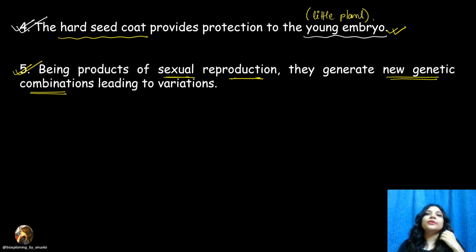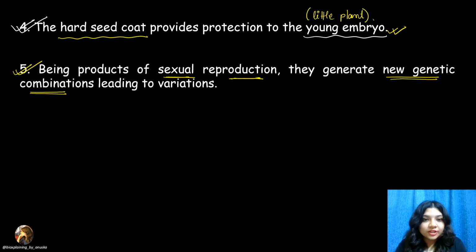Because they are sexual reproduction products, as in the pollens are coming from a certain plant. The stigma belongs to a certain plant. So, right, so this way, because of sexual reproduction, there is mixing of gametes that's occurring. So sexual characters get mixed. So new characters can come.